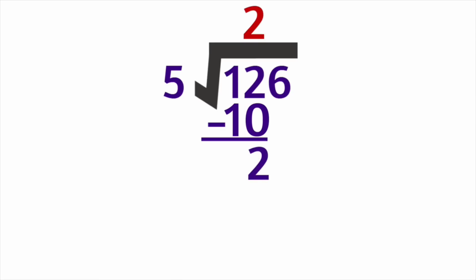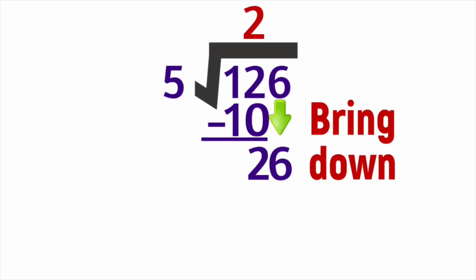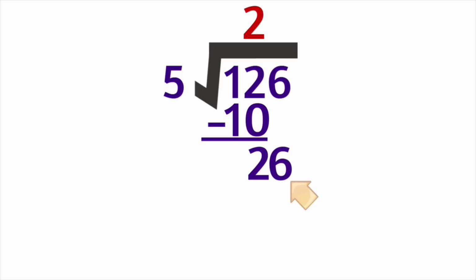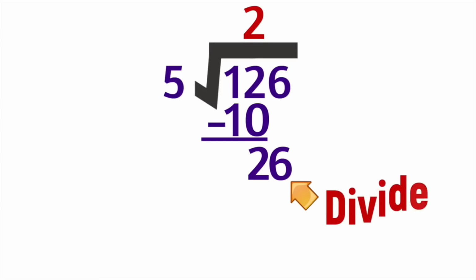Great. Since we have this extra digit in the dividend, it's time to bring down. We'll bring down the number 6. This number down here is now 26. Very cool. All right, time to go through the steps again with this number down here, 26. So we divide.